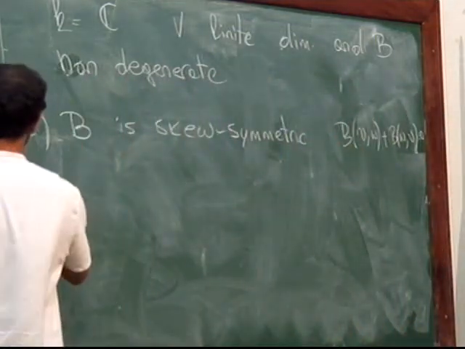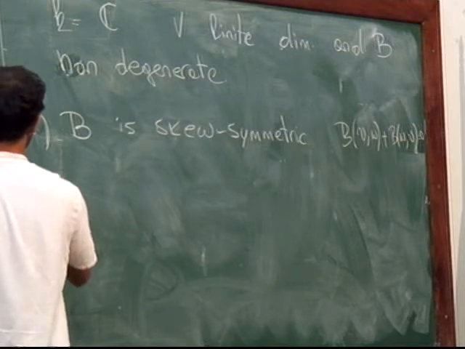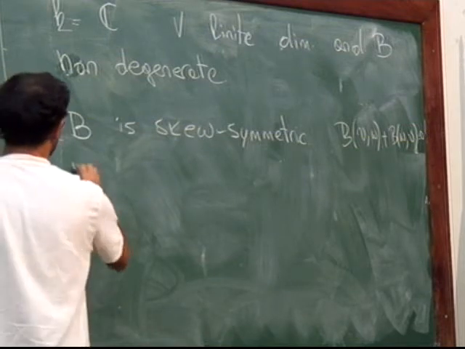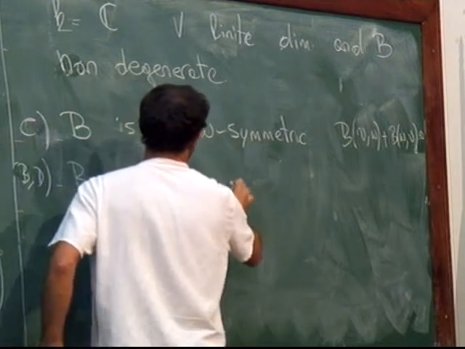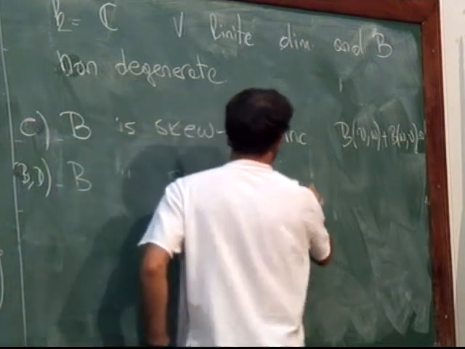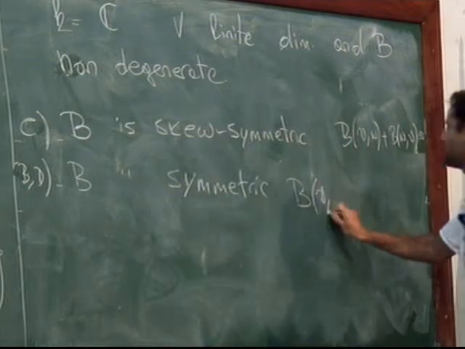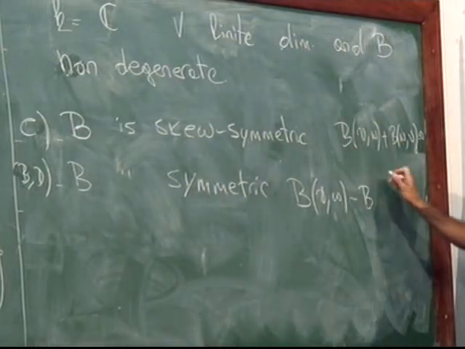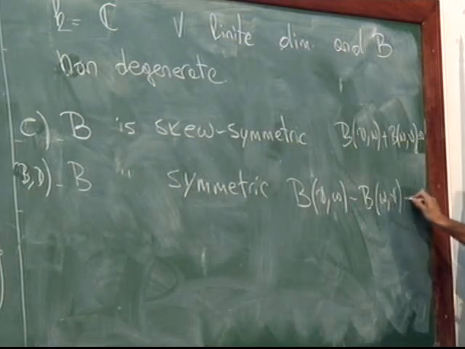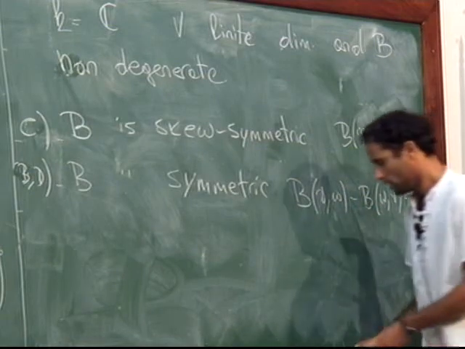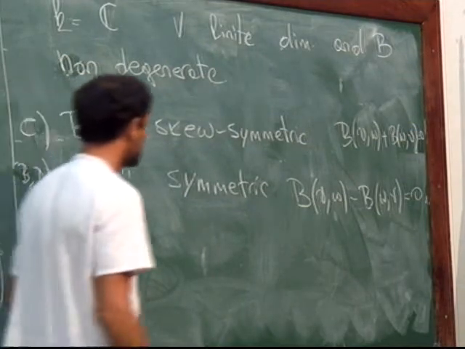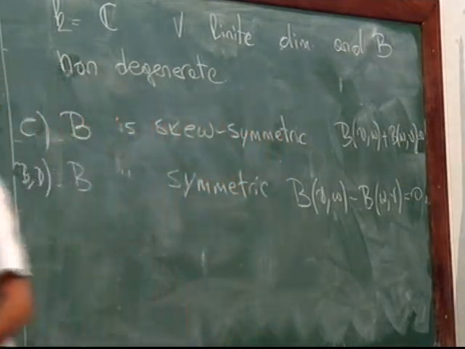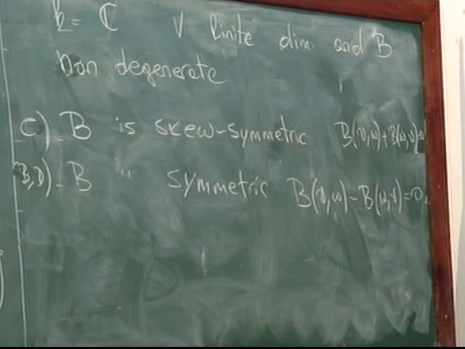Or let's call this other example B and D, when B is symmetric. So this is B of V, W minus B of W, V is equal to 0. So let's deal with example C first. What does it mean to have a non-degenerate skew-symmetric bilinear form on a finite dimensional complex vector space?